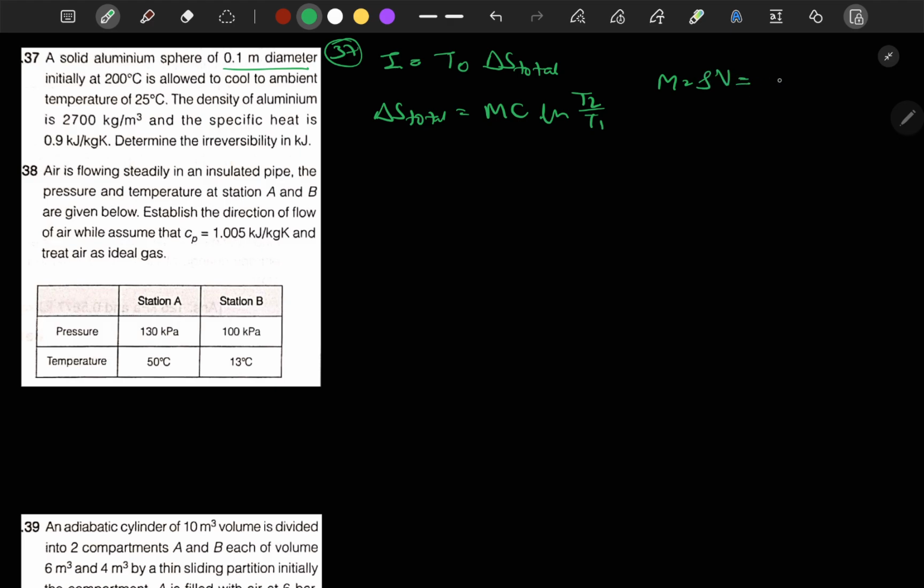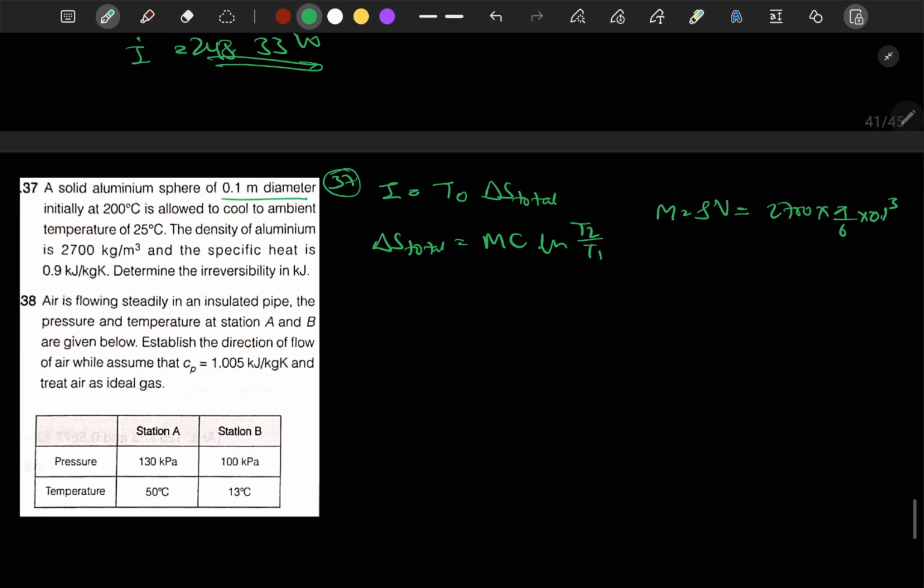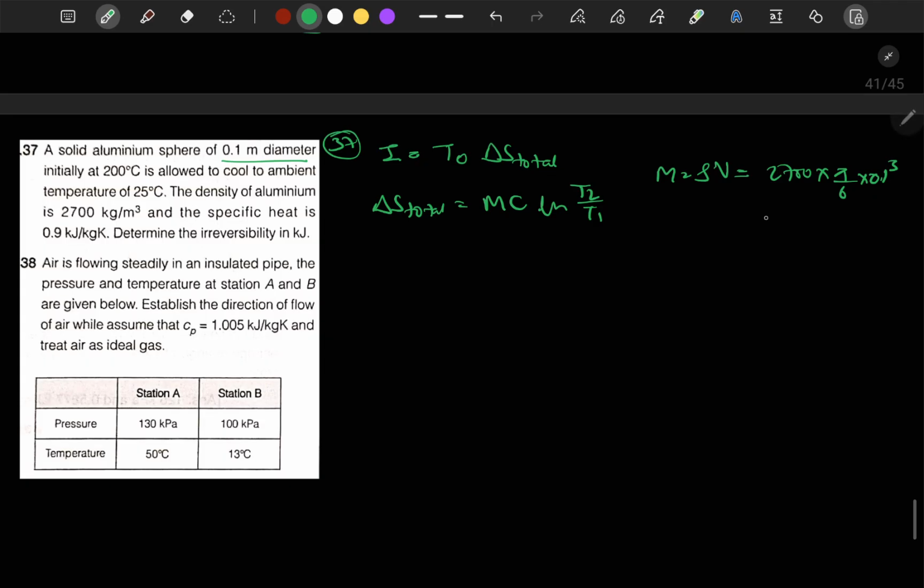Density is 2700, into volume, which is 5/6 into d cube, where d cube is 0.1 cube. So the mass is equal to 1.41 kg.